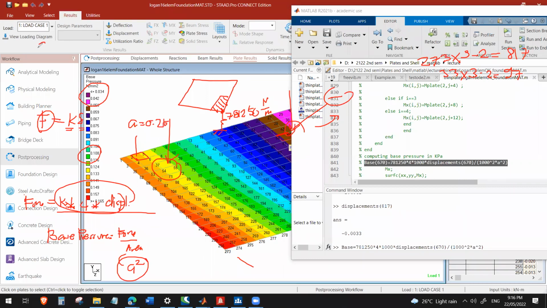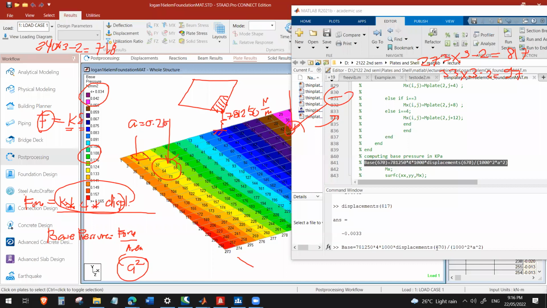Say right here, 240 times 3 minus 2 is equal to 718.